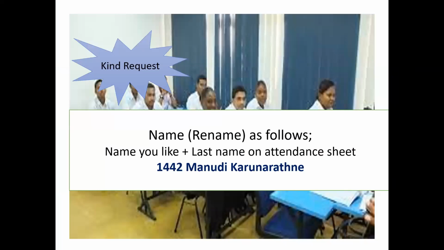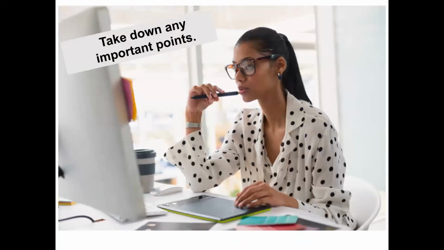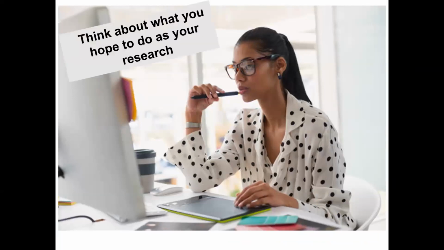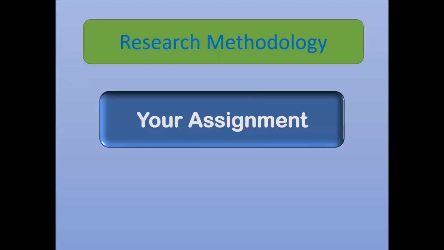If you have renamed your last name, that is fine. You may take down anything important. Now you know how we have the lectures. Always think about what you hope to do as your research, and at the same time understand the fundamental principles of research. Your assignment is given.